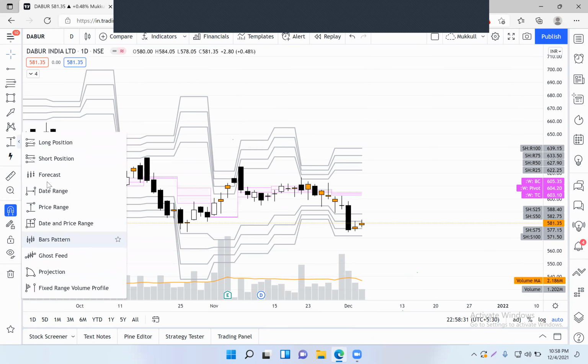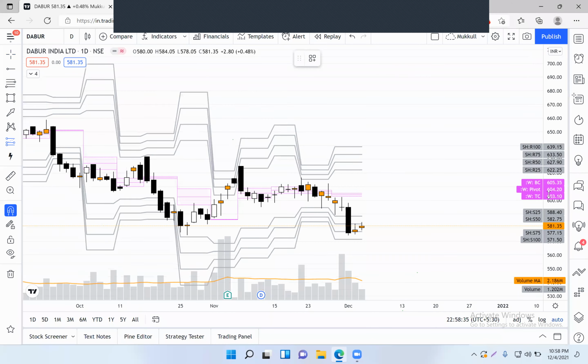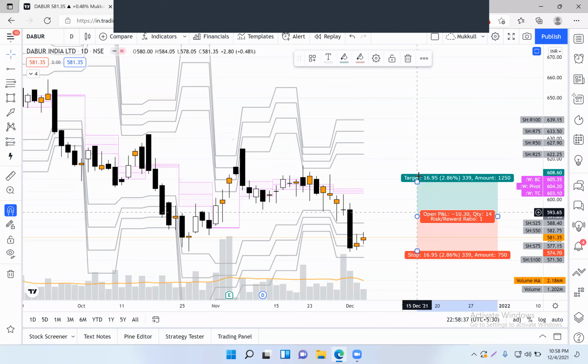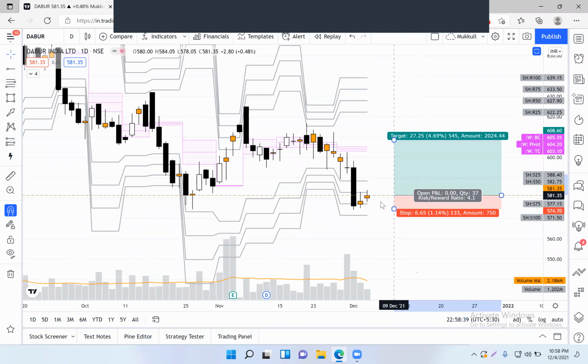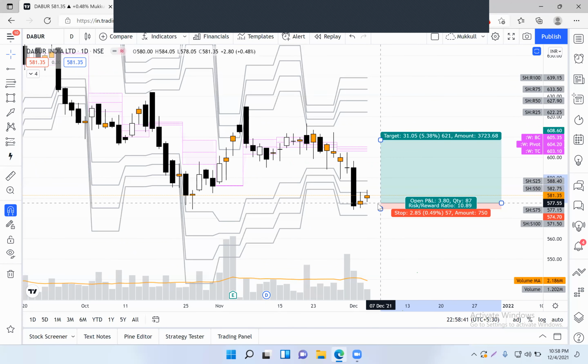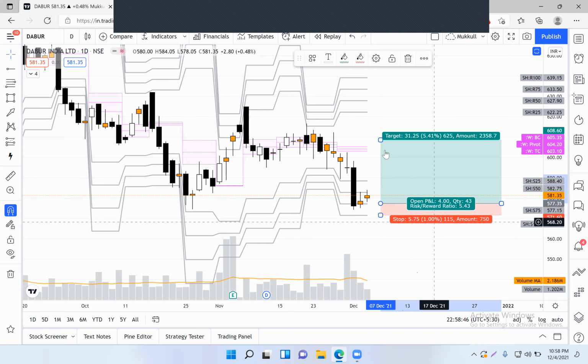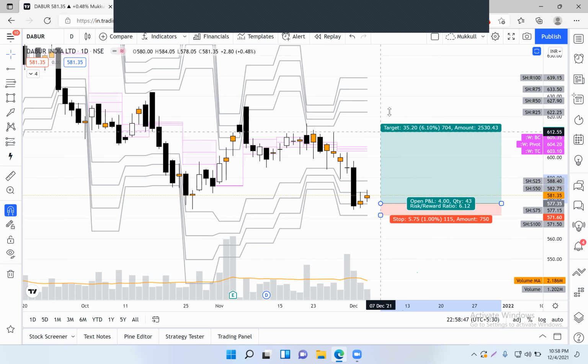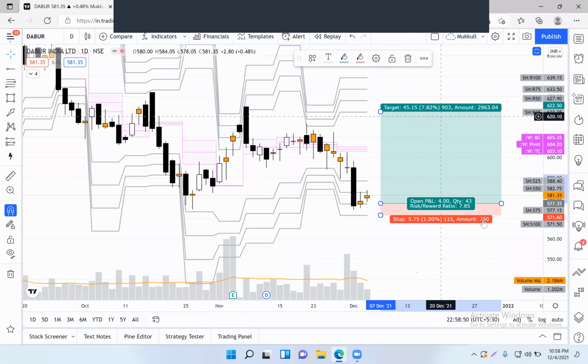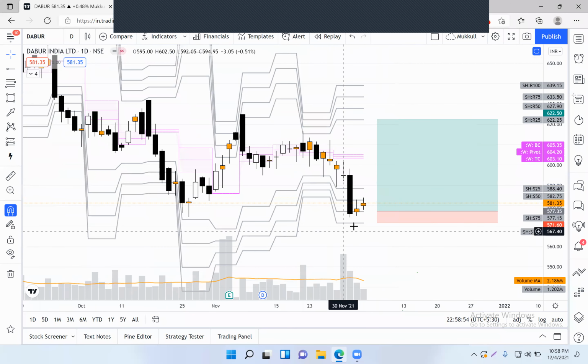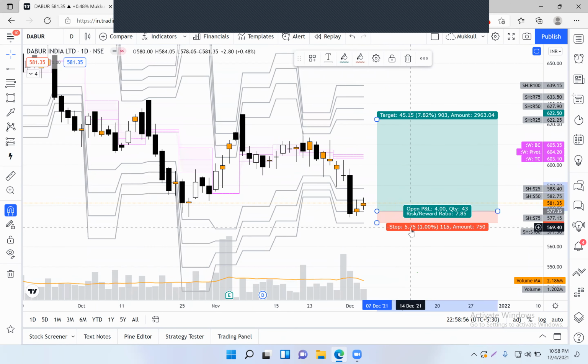If I show you the RR here, with the stop loss, almost 7. RR is 1:8, 1:7, 1:8. So even if the stop loss goes, hardly it is like 6 rupees stop loss.